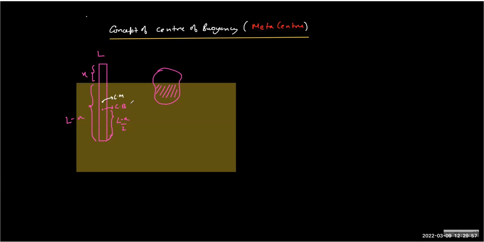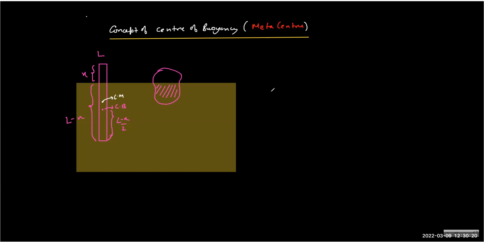Is this clear? Yes, sir. So center of buoyancy is different from the center of mass. If something is completely submerged and it is also uniform in mass distribution, then center of mass and center of buoyancy may coincide.